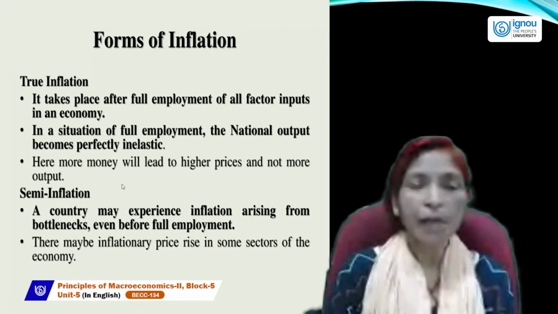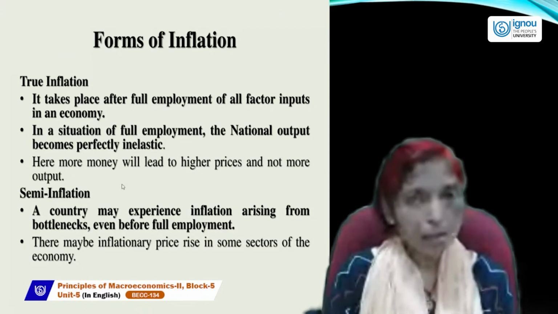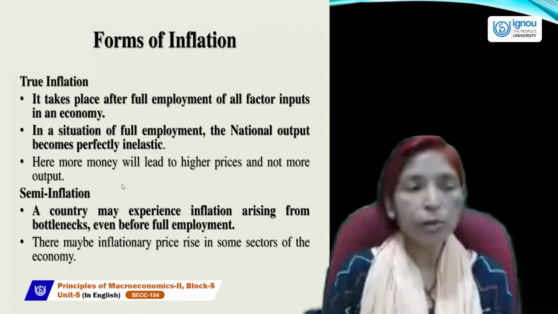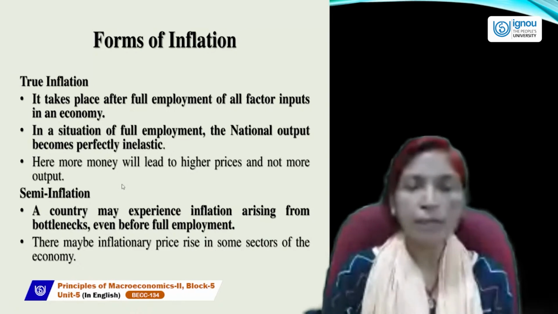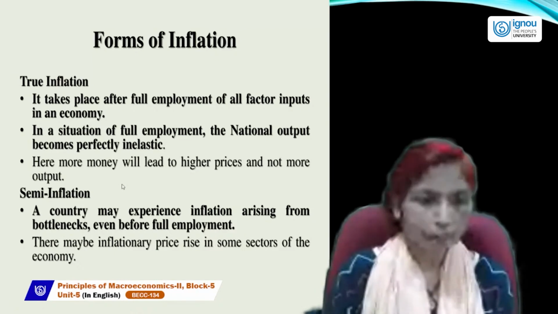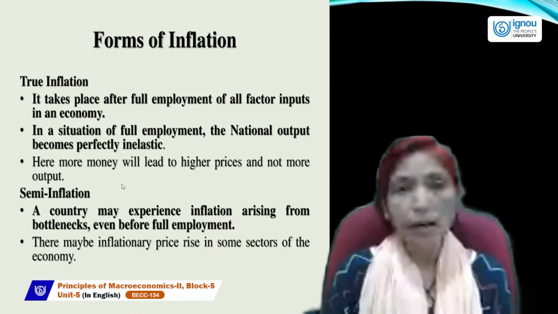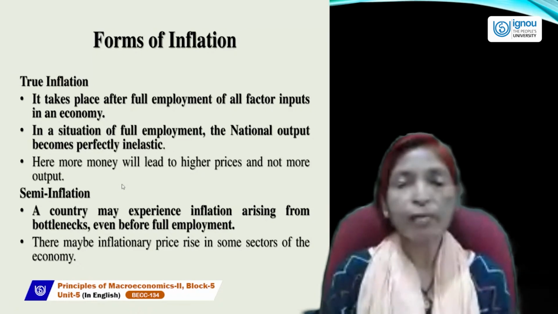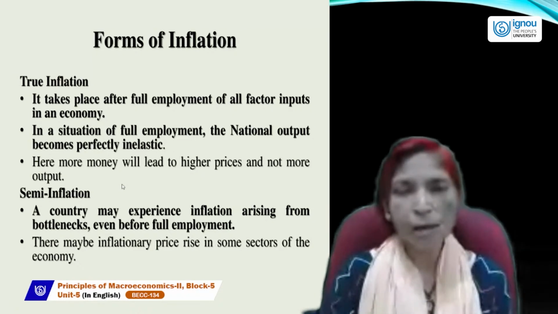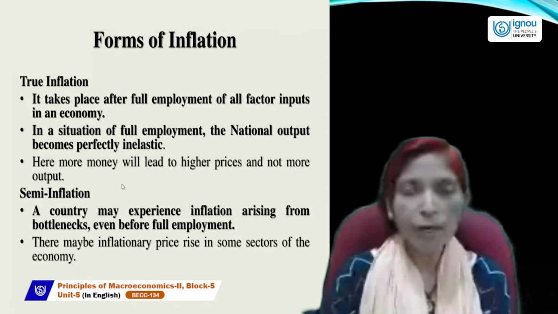So if inflation occurs after achieving the full employment level, that is called true inflation or real inflation. This situation does not really exist in the economy because full employment is a very rare situation.